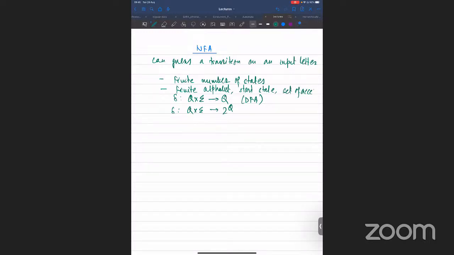So all these things are similar as in the case of DFA. Okay, so what happens in the case of NFA, this delta on this particular letter can return 0, 1, or multiple possible states the automaton can move to, right? So this is the idea.